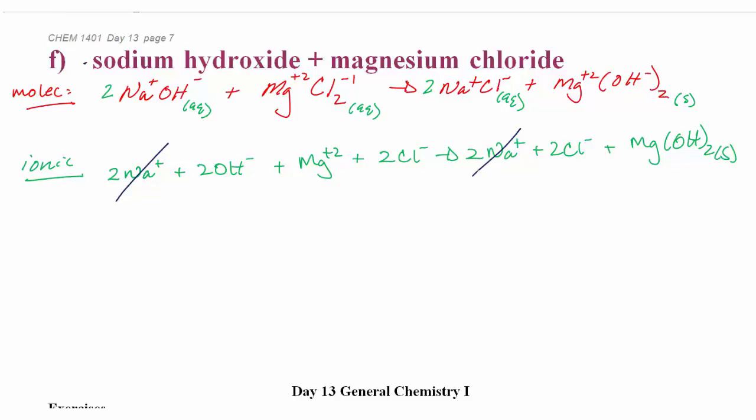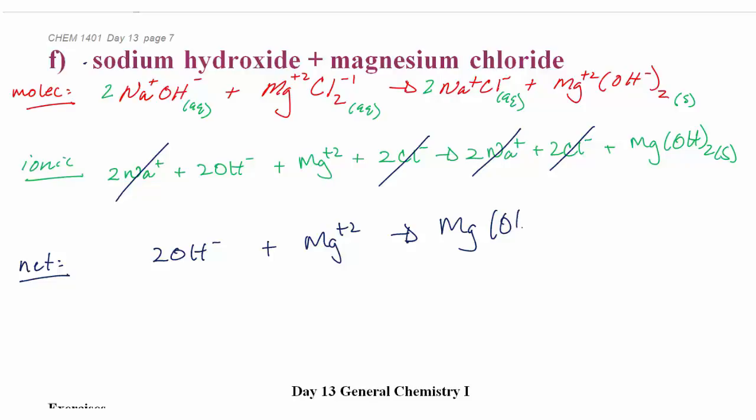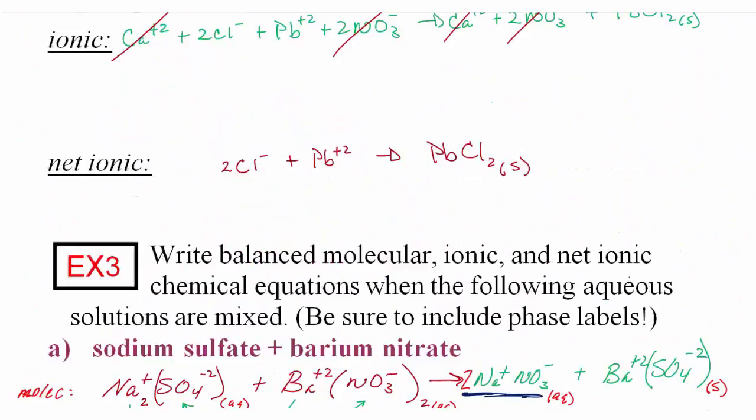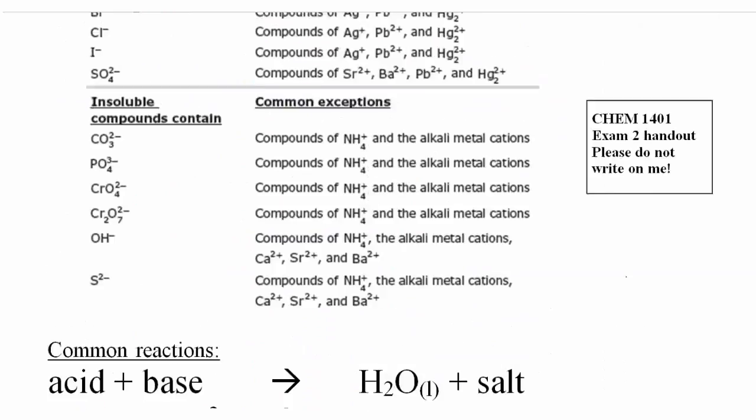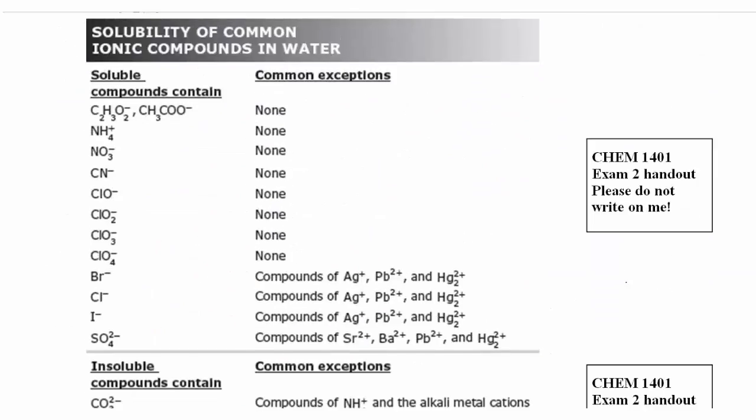Sodium canceled. Chloride. So my net, I'll have 2 hydroxides and a magnesium ion forms magnesium hydroxide solid.